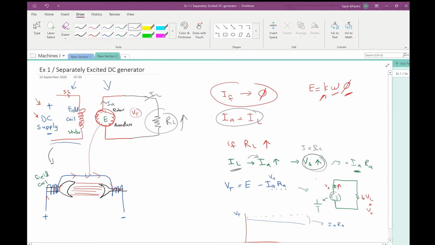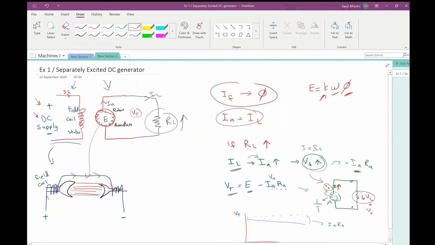If we simplify the circuit, this is the generated voltage, this is the armature resistance. So if the current passes through the resistance, it will generate VA, and this is VL. The terminal voltage, which is here, going to the load, equals the generated voltage minus IA RA.